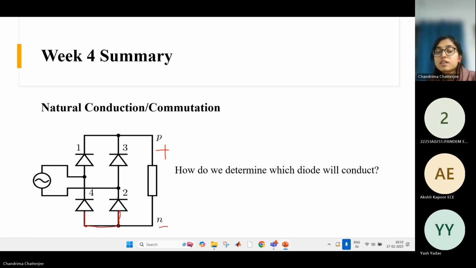The cathode of this one is connected here, and the cathode of this one is connected here. Similarly, for the top two diodes, 1 and 3, their cathodes are at the same potential, connected to the same point electrically, but their anodes are at different points. So this one is called common anode configuration, and this one is called common cathode configuration.